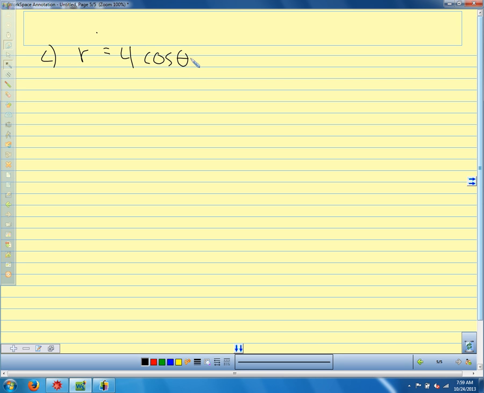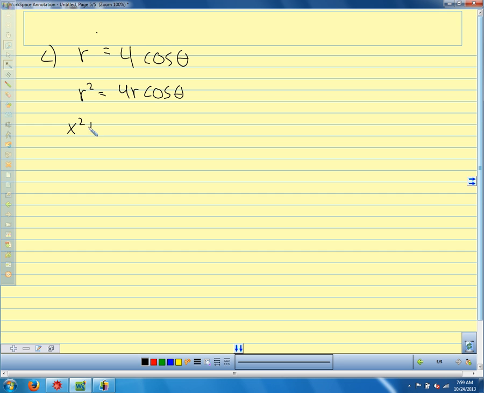All right, let's look at this one. r equals 4 cosine theta. What are we going to do with this one? Let's multiply by r. That's a good idea. r squared equals 4r cosine theta.